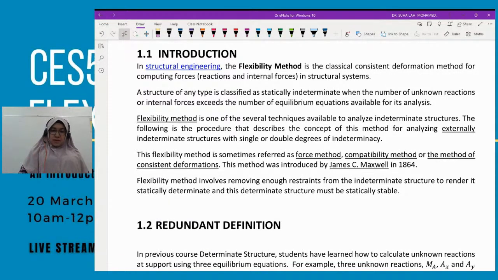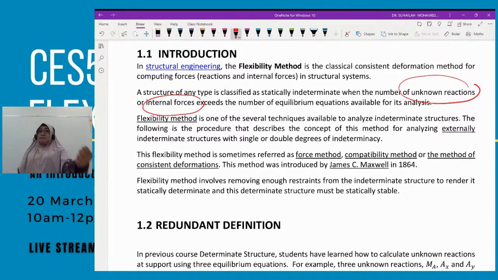Okay. So yang nombor 2 tu, a structure of any type is classified as statically indeterminate when the number of unknown reaction or internal forces. Kalau kita analyse beam and frame, kita fokus only for the reaction.